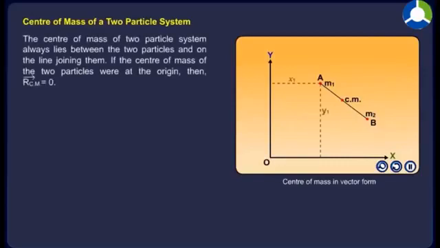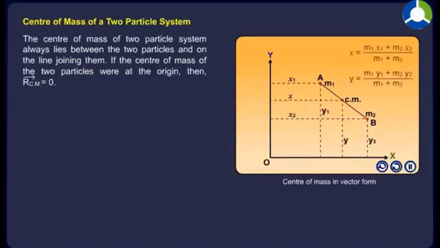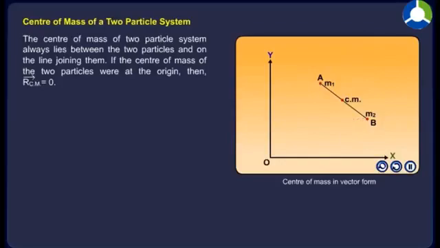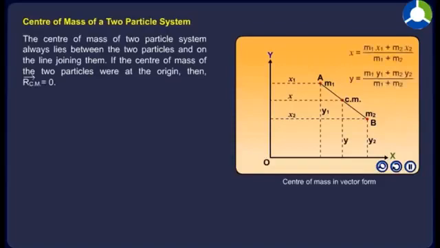The center of mass of a two-particle system always lies between the two particles and on the line joining them. If the center of mass of the two particles were at the origin, then vector r_cm is equal to 0.